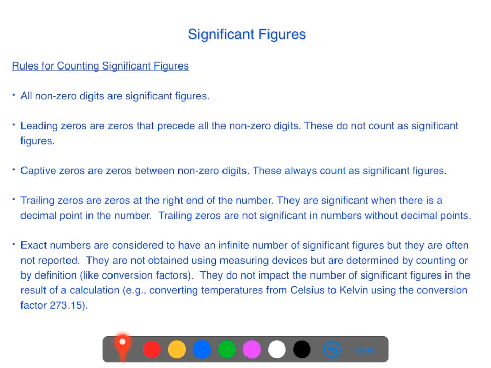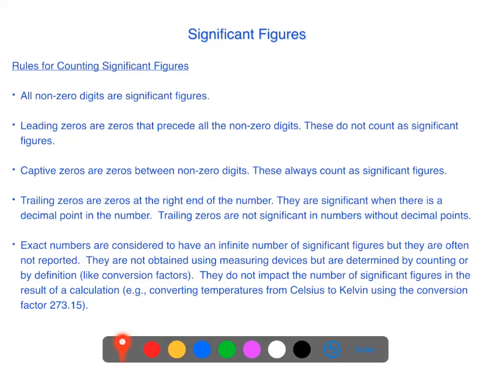Captive zeros are zeros between non-zero digits, and these are always counted as significant figures. Trailing zeros are zeros at the right end of the number. They are significant when there is a decimal point in the number. Trailing zeros are not significant in numbers without decimal points.